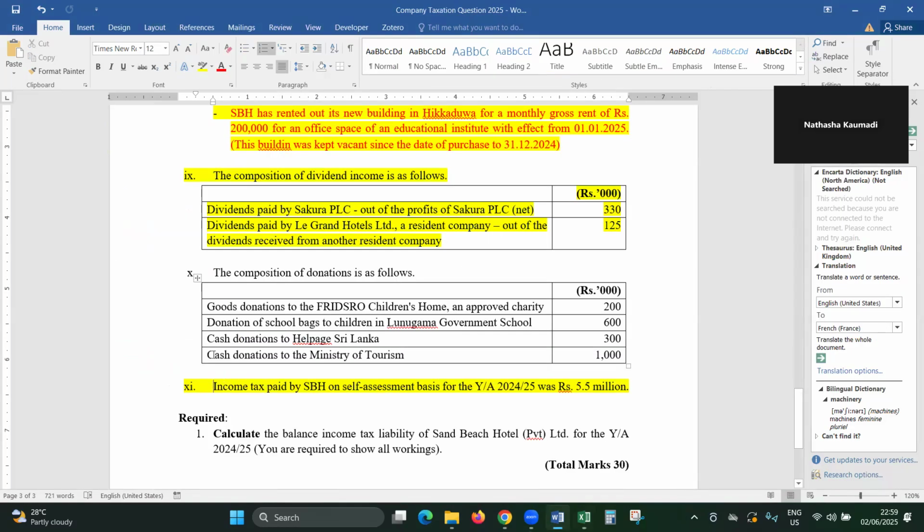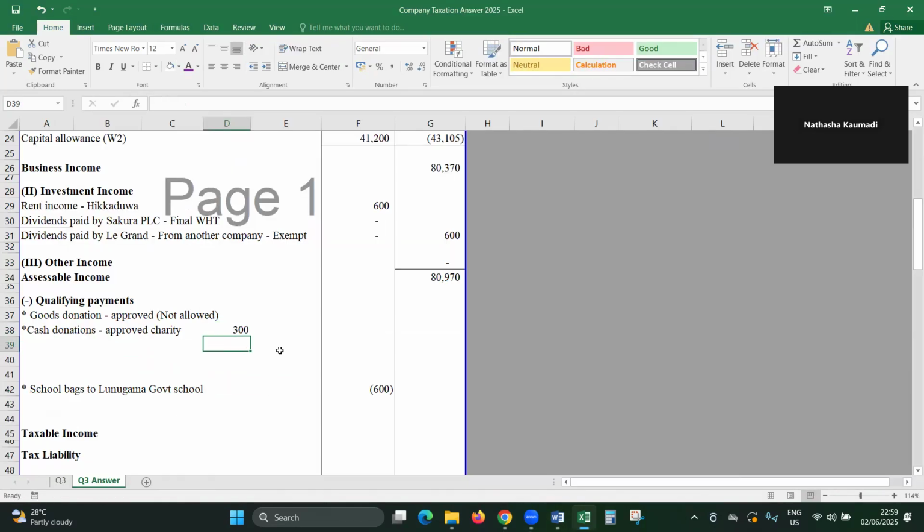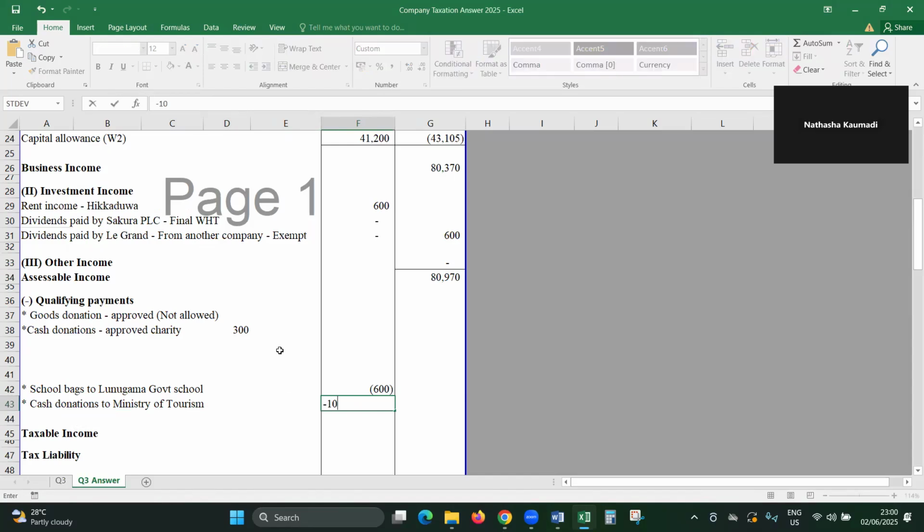Last one, cash donations to the Ministry of Tourism. Again, it's related to the government. The value is 1,000, fully deductible. Now, these two are fully deductible, that's 1,600.